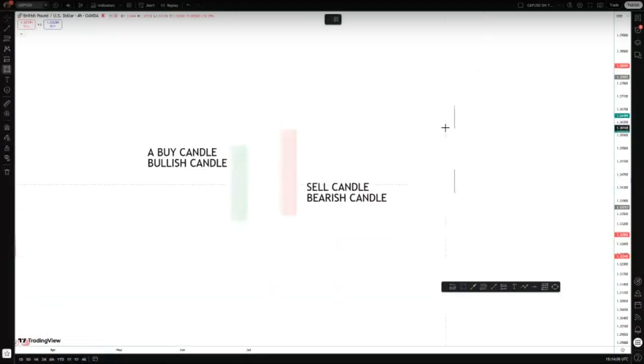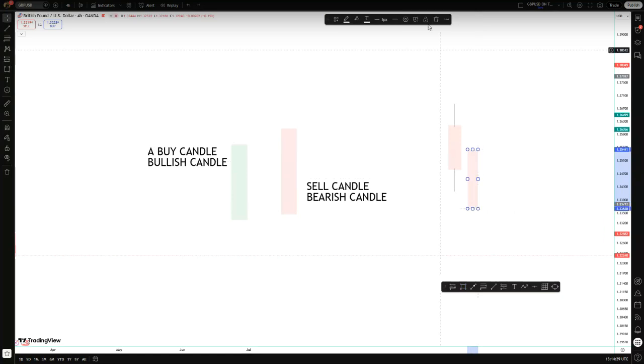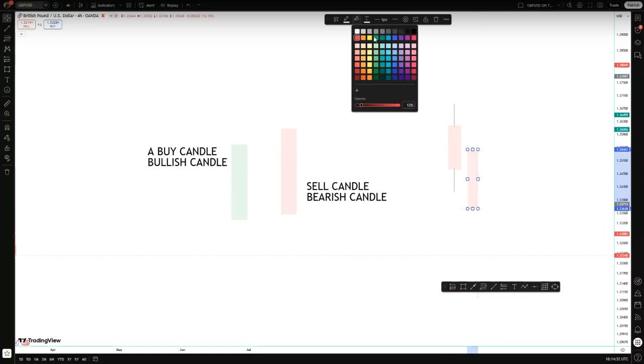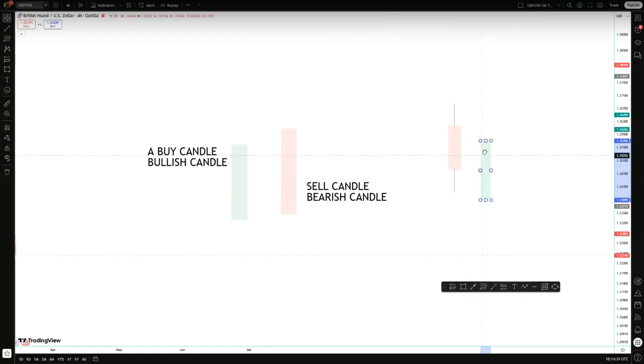Sometimes we have candles that look like this, and then we have some that look exactly like this. Some look exactly like this.